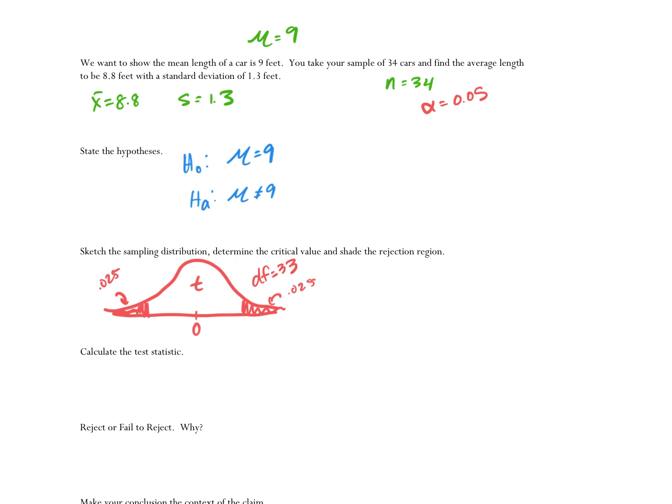So now, to find that critical value, you cannot do inverse norm because you don't have a standard deviation. So instead, you're going to pick inverse T. How do you choose if it's T or not? Do you know the population standard deviation or the sample standard deviation?